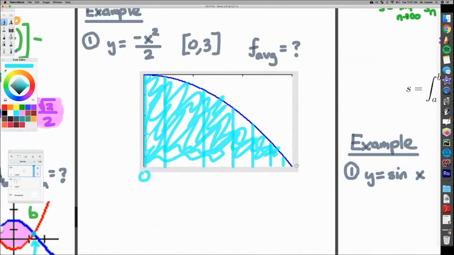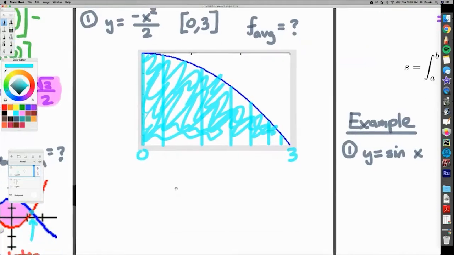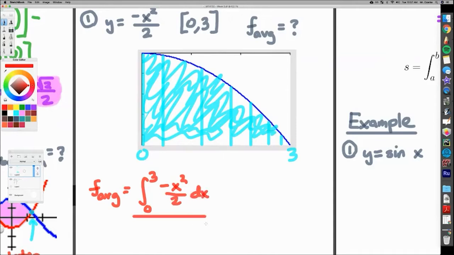And then we're going from 0 to 3, so you just subtract those two values out. Again, you don't need to know that, but just in case you care where it comes from. So the average value is going to be the integral from 0 to 3 of that y function dx, and then you have to divide this all by 3 minus 0.